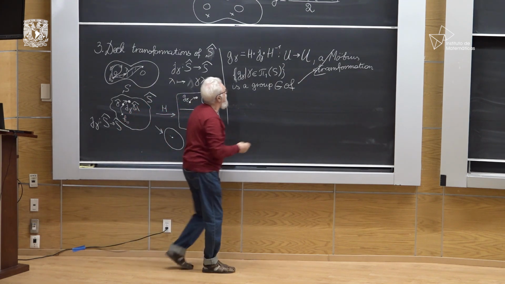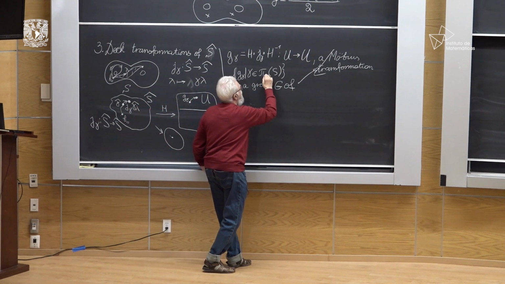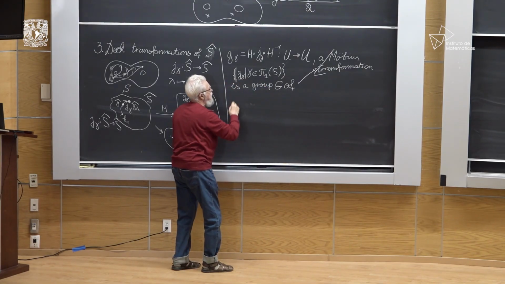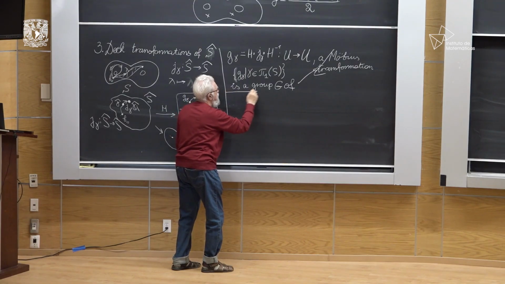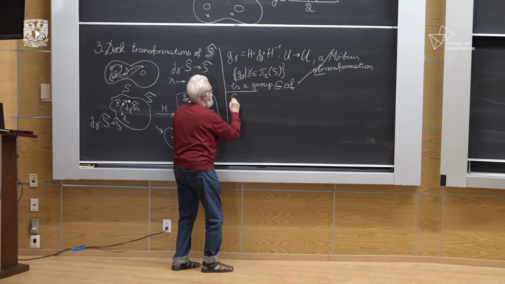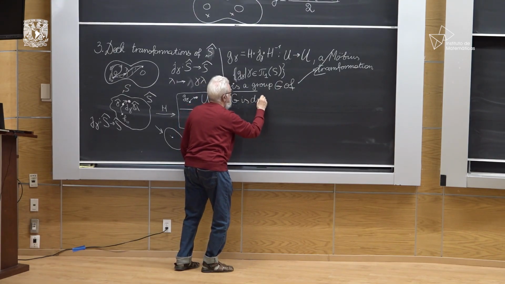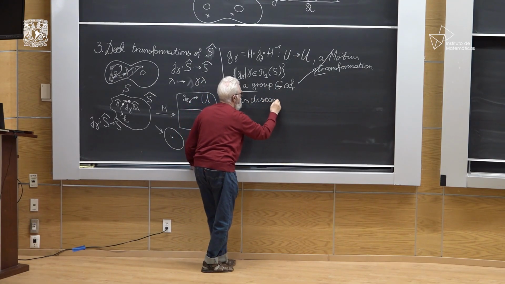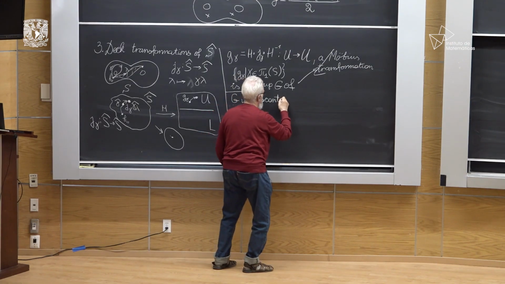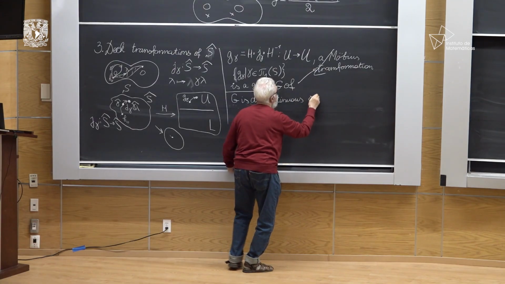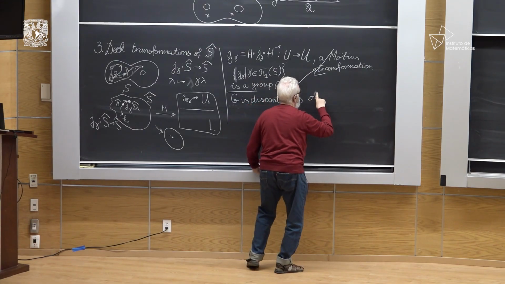And this group is discrete. G is, in a sense, discontinuous on U.